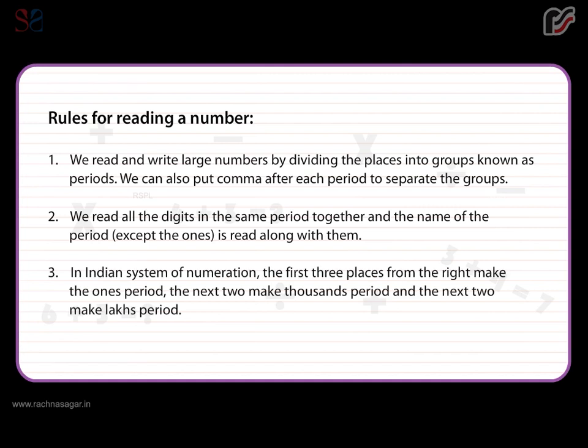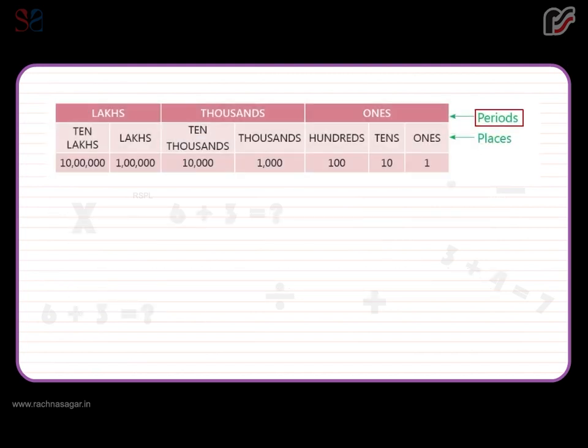In Indian system of numeration, the first 3 places from the right make the ones period, the next 2 make thousands period, and the next 2 make lakhs period. Periods: ones, thousands, lakhs. Places: ones, tens, hundreds, thousands, 10,000s, lakhs, 10 lakhs.